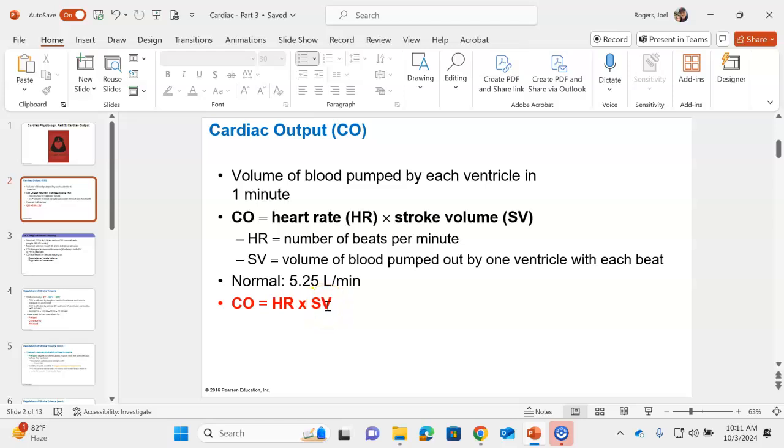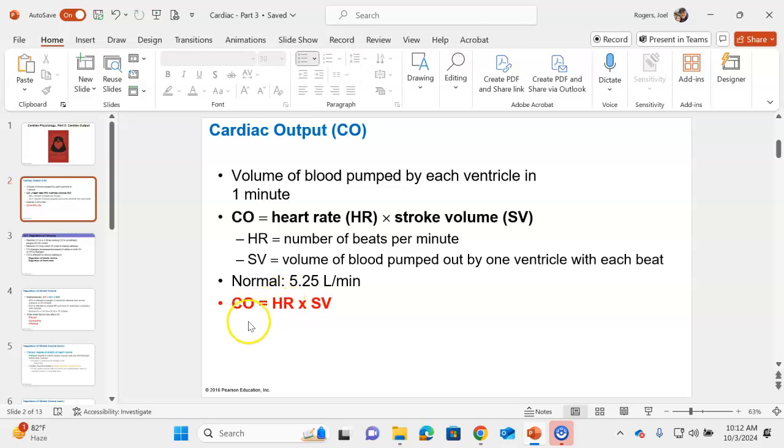Let's say you sustain an injury and you're losing blood. If you're losing blood, the heart isn't pumping out as much per beat, so this number goes down. But if the body wanted to maintain cardiac output as close to normal as possible while we are losing blood, what would have to happen to this number? If this number drops and the body wants to maintain cardiac output, this number is going to have to go up.